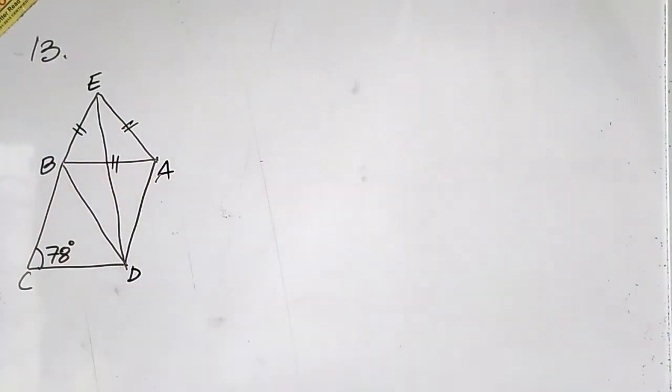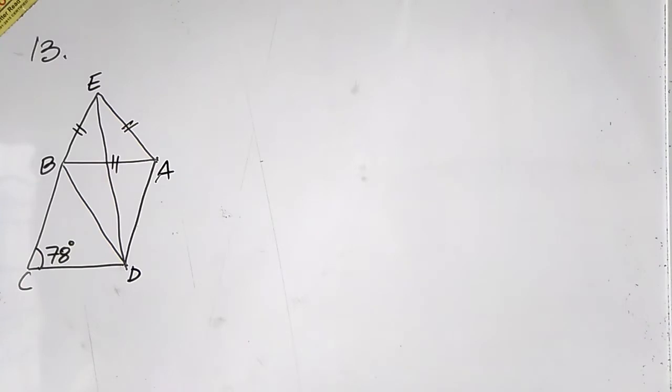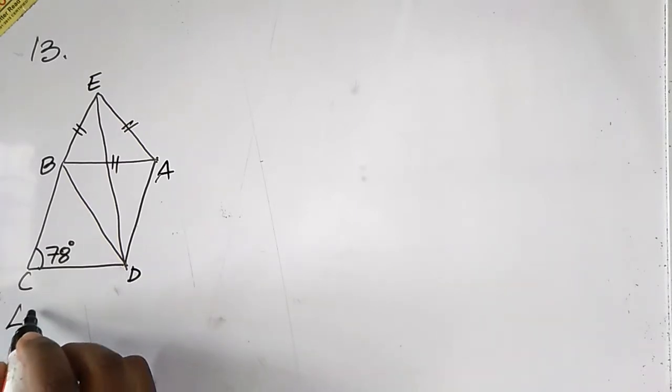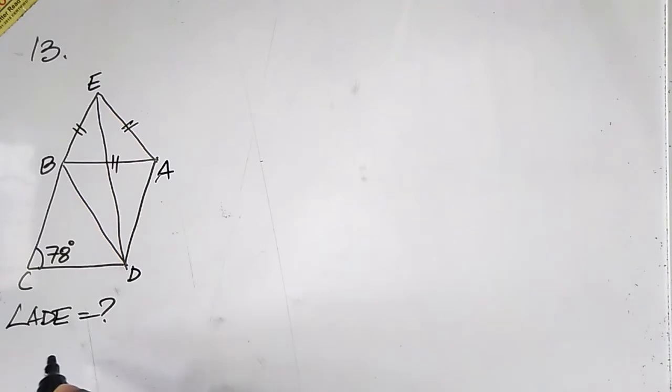This figure is a rhombus ABCD. Angle BCD is given as 78 degrees. We have to calculate angle ADE. We have to find angle BDE.